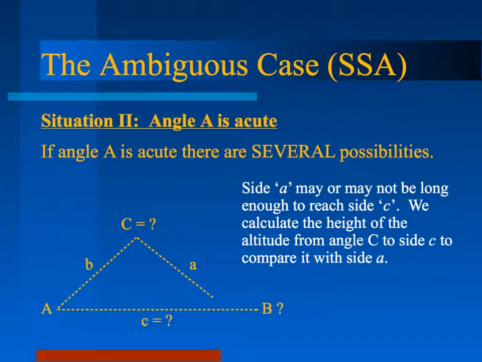Okay, so when angle A is acute, this is when we're going to have more problems. To find out if our side is long enough to reach, we are going to have to check out if the height here is going to be the right size to have a triangle form over here.